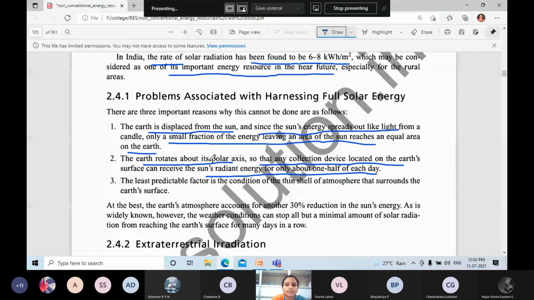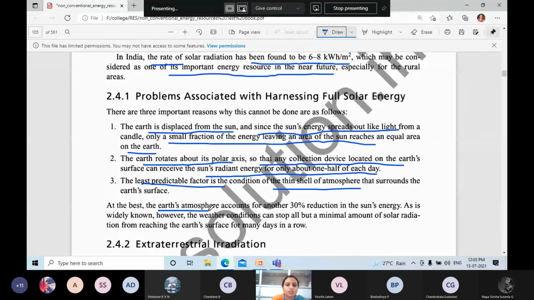The earth rotates about its polar axis, and a collection device located on the earth's surface cannot receive the sun's radiant energy for a full 24 hours. The least predictable factor is the condition of the thin shell of the atmosphere that surrounds the Earth's surface.